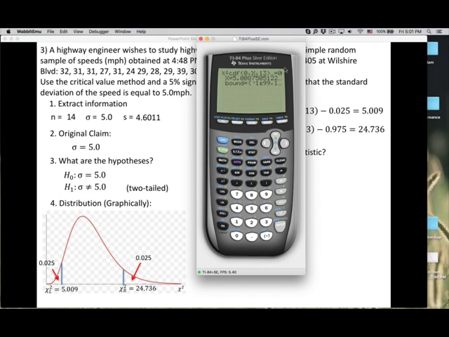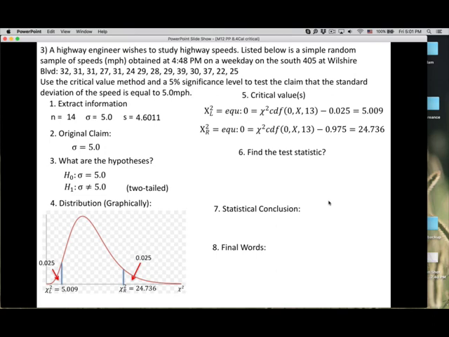And then now they are calculating, they're working right now. Okay, you're gonna see the answer, 24.736. Okay, this is gonna be chi-square to the right. Okay? So we have these two values. This is gonna be your critical values.